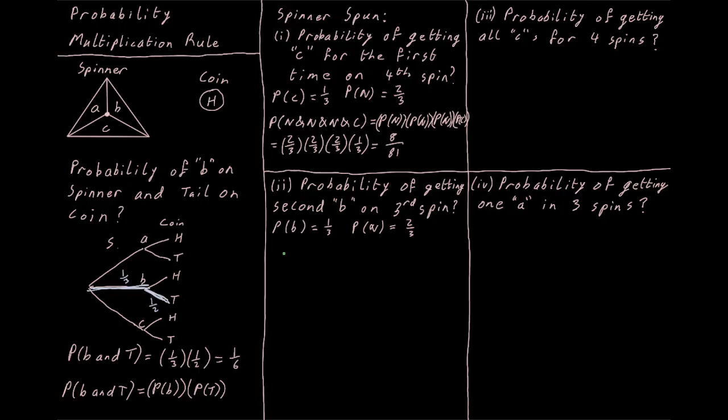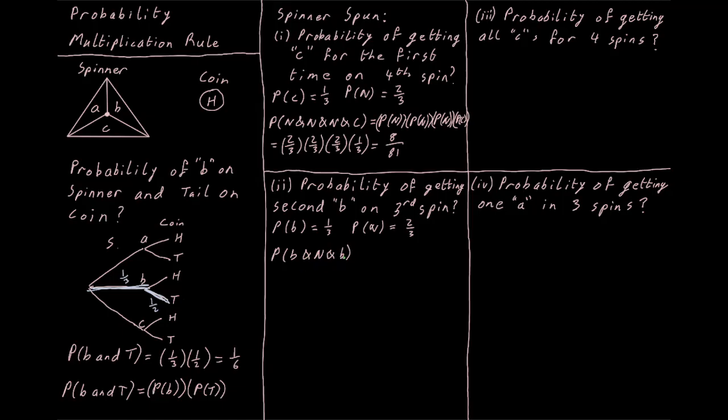Well, how could that happen? We have to be able to tell ourselves this kind of story. Probability of getting a second B on the 3rd spin. Well, we could have started out by getting a B, and then we could get not a B, and then we could get a B again.